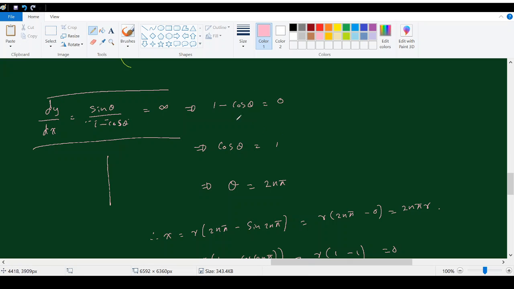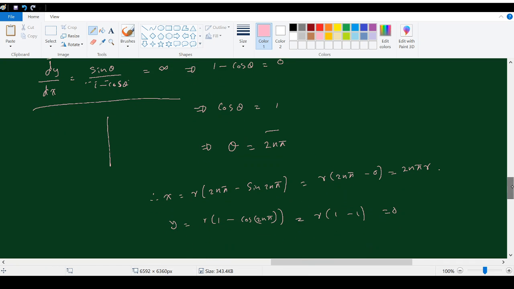So when you equate the denominator to 0, you will have this one. So that means theta is equal to 2n pi, right? And since this is the theta value, you should evaluate the corresponding x and y values, and you can see that when you substitute 2n pi in the given equation, this is an even multiple of pi for the sine trigonometric term, that gives 0.